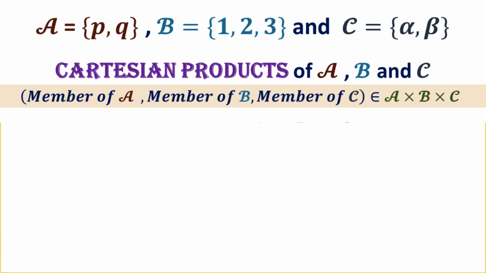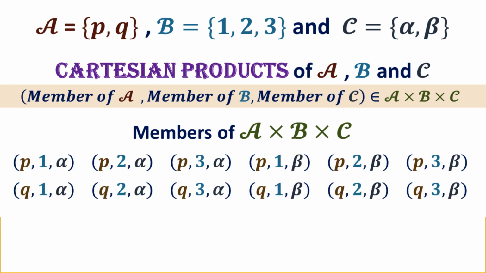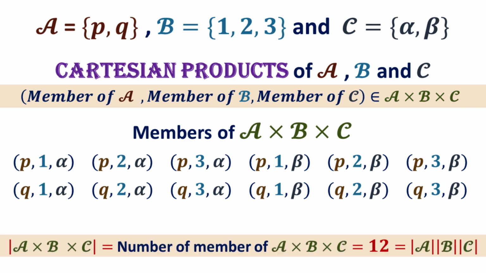The first component of the three-tuple is any member of A, the second member is any member of B, and the third member is any member of C. Therefore the members of A cross B cross C are listed, and the number of members of A cross B cross C is 12.